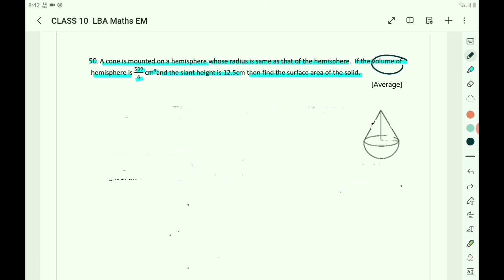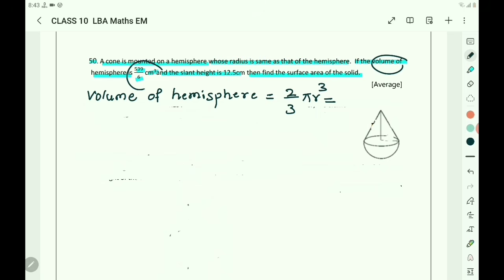Then you write volume of hemisphere equals 2 by 3 pi r cube equals 539 by 6.